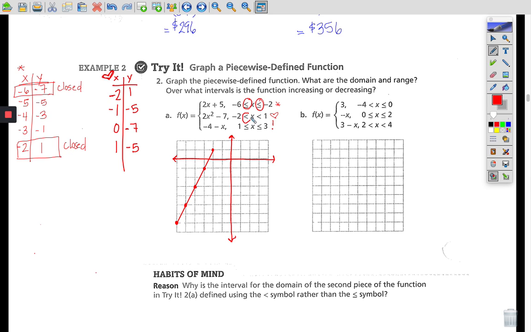You see this inequality symbol right here? What does that tell me about that starting point at -2? Is it an open circle or closed circle? It's open circle because there is no line underneath our inequality symbol. At +1, again, there is no line underneath that inequality symbol, so it is also an open circle.